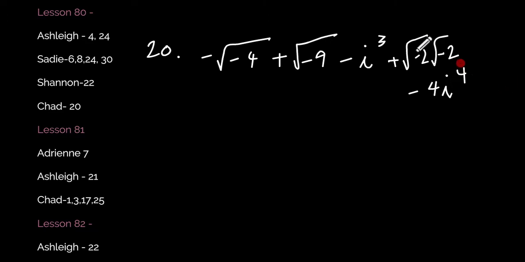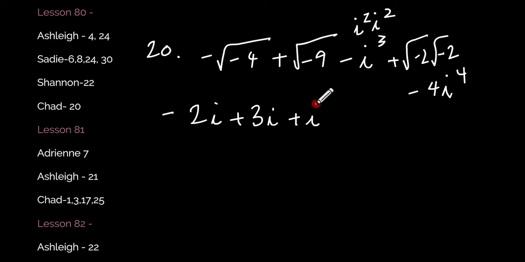So we're just going to start from left to right. The square root of -4 is 2i, so it's -2i. The square root of -9 is 3i. i to the third is the same as i squared times i. i squared is -1, a negative times a negative would be a positive i.